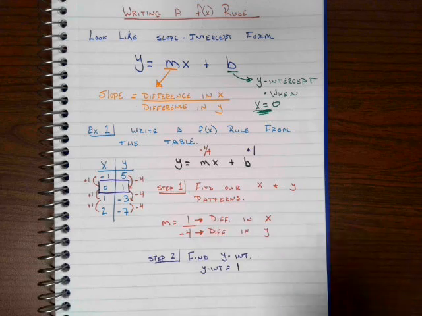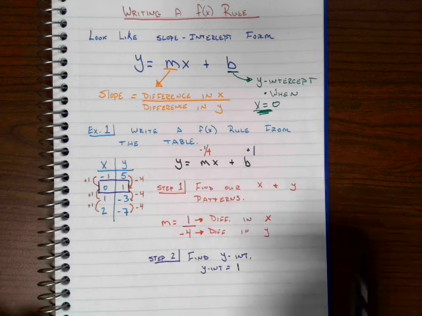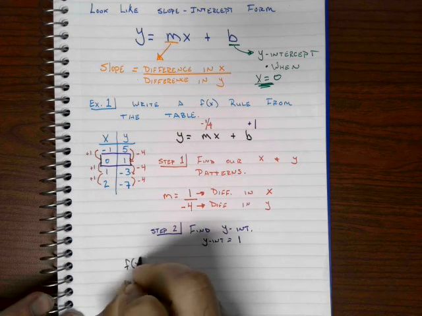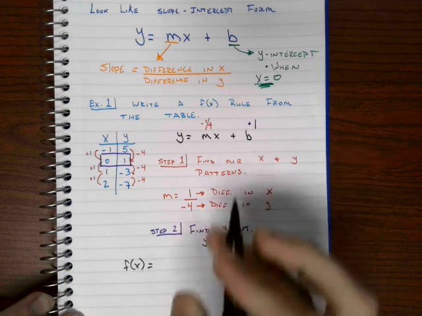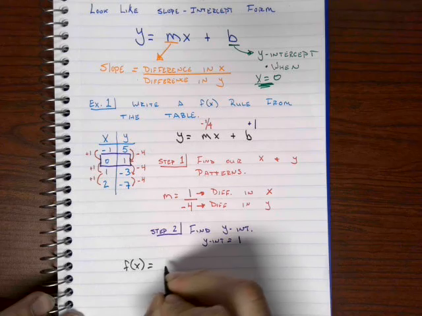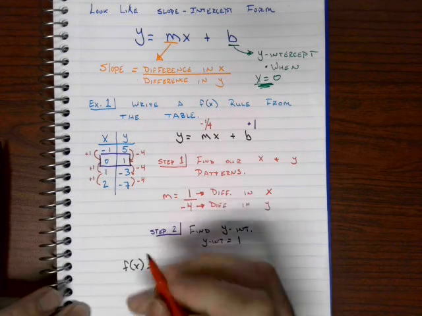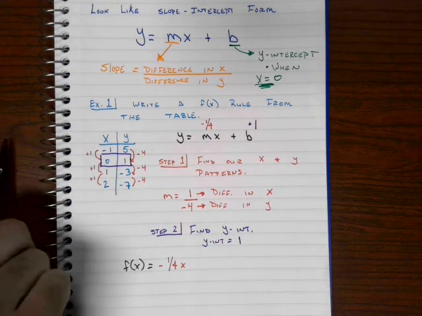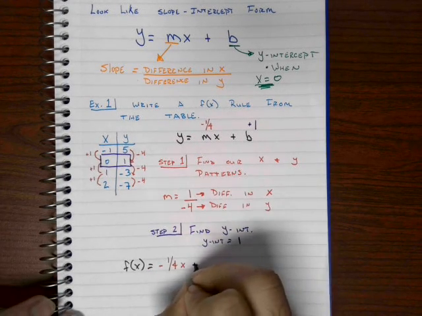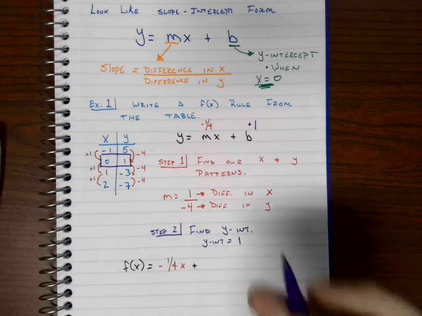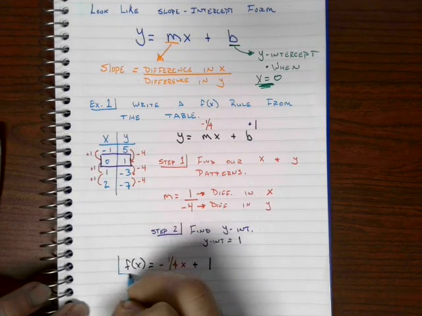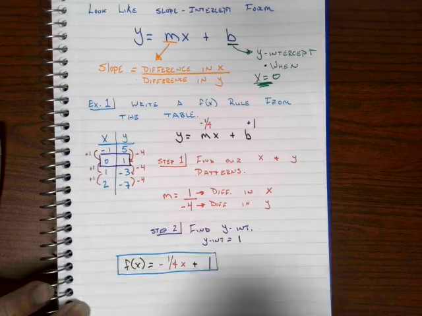All right, so when I rewrite this for my function rule, my new function rule is going to be f of x equals whatever I have up here, which will be negative 1/4 x plus 1. And that will be the answer to my function rule. Okay?